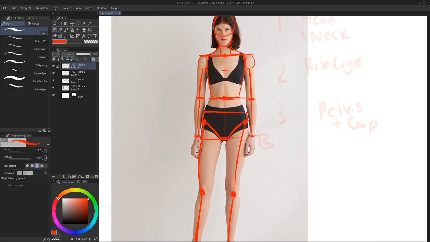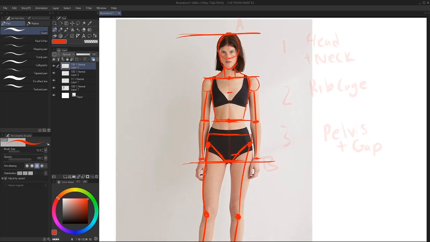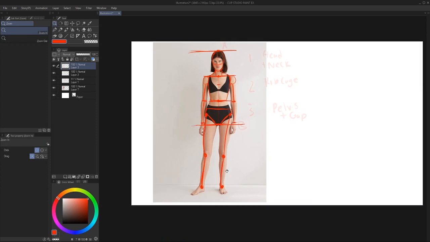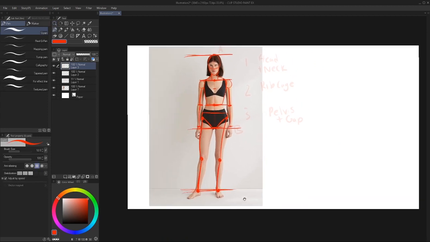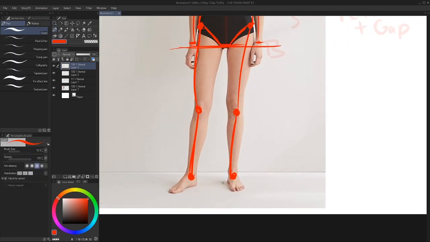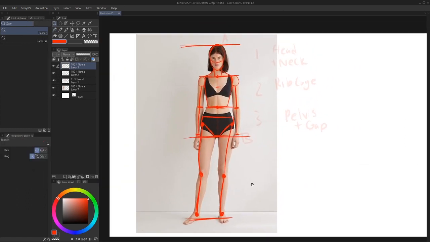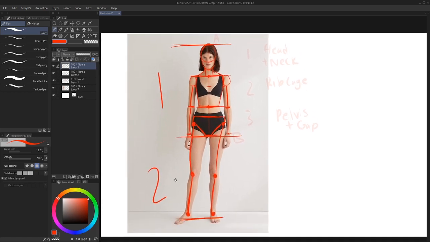The bottom of the crotch is the halfway point of the body, and the top of the head is the topmost part of the body. So now if we get the bottom of the feet and add a horizontal line. So this is where the bottom of the feet are, roughly. These two sections would be 1/2.